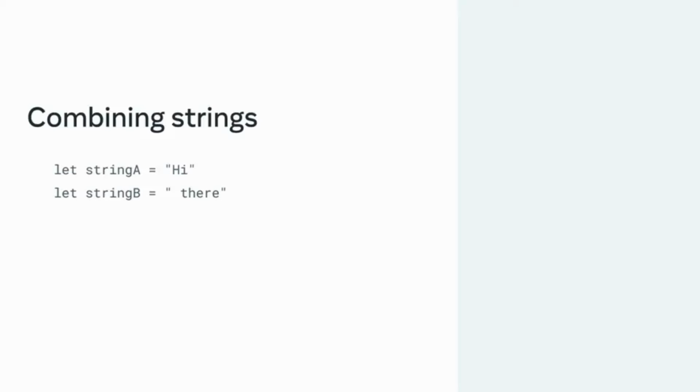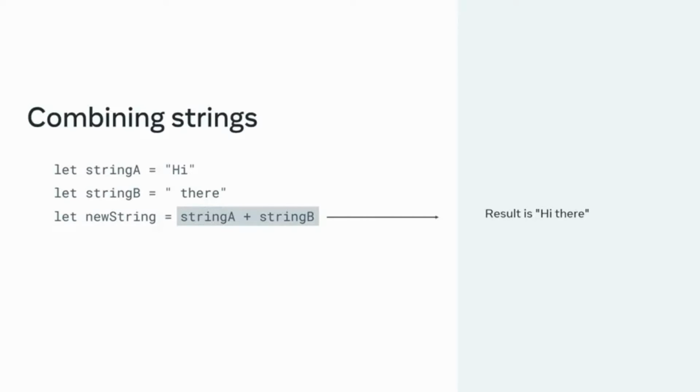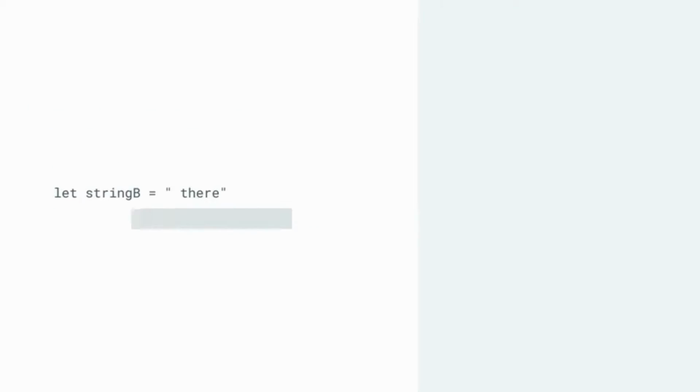So, you have let stringA equal hi and let stringB equal there. Using the plus operator, you can combine or concatenate these string values and then store this result in a new variable named newString. So you write let newString equal stringA plus stringB. Now the phrase hi there is stored as one string in the newString variable.